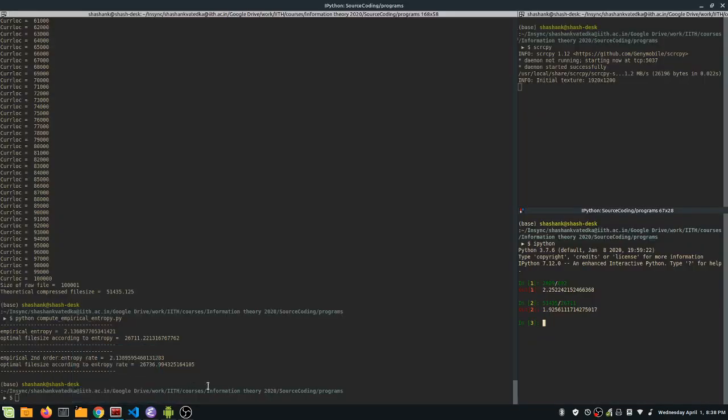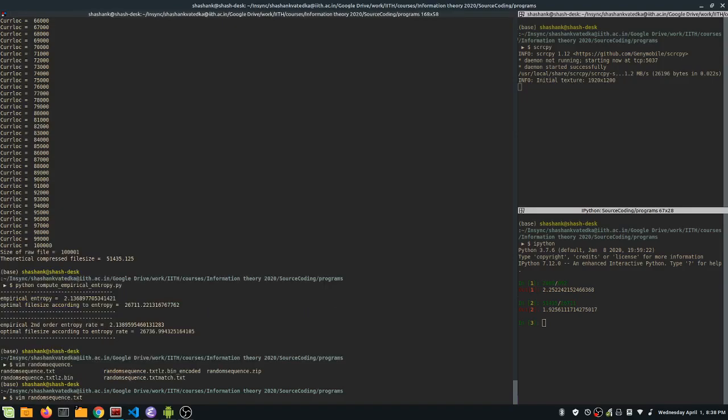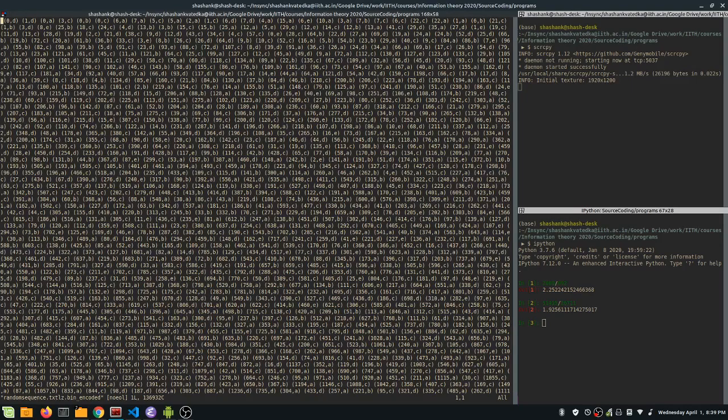So in addition, let me also show you what the parsing looks like. So this is what the parsing of the sequence would look like.